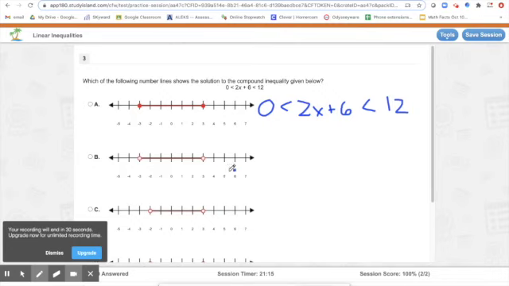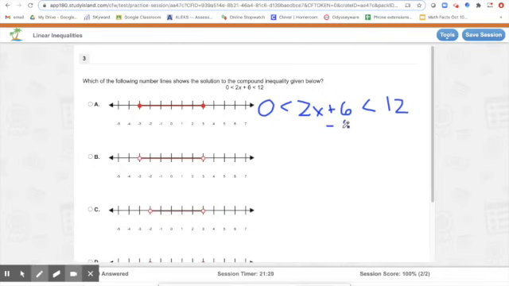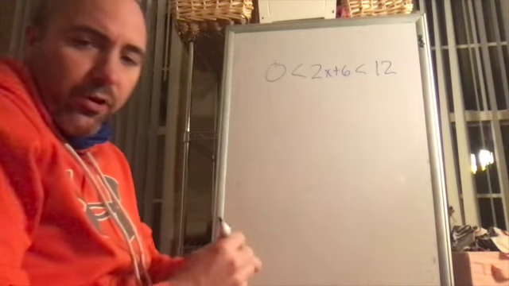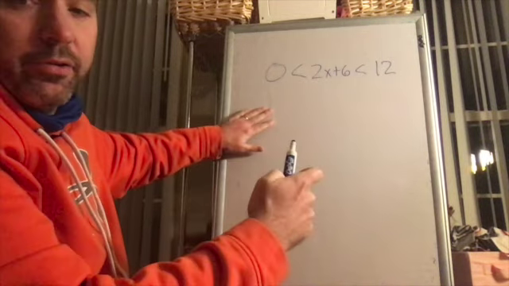So what I'm going to do here is solve this as normal. I'm going to start by subtracting 6 from both sides, but really there are 3 sides to subtract 6 from. So I've got negative 6 over here. I did not multiply or divide by a negative, so I don't have to flip the sign. And I have 6 over here. I apologize, I realized one of the problems got cut off, so I'm just going to continue it here.